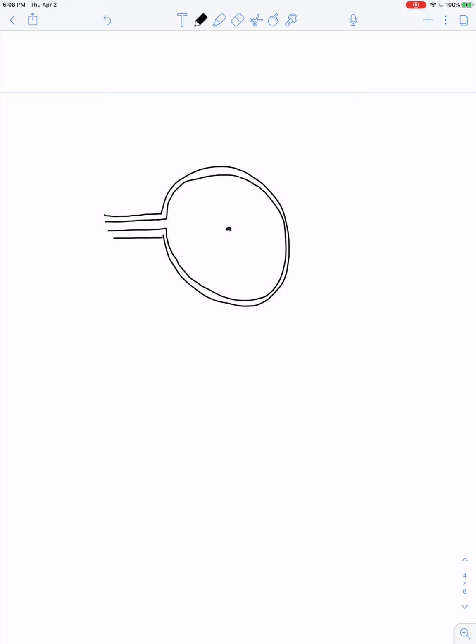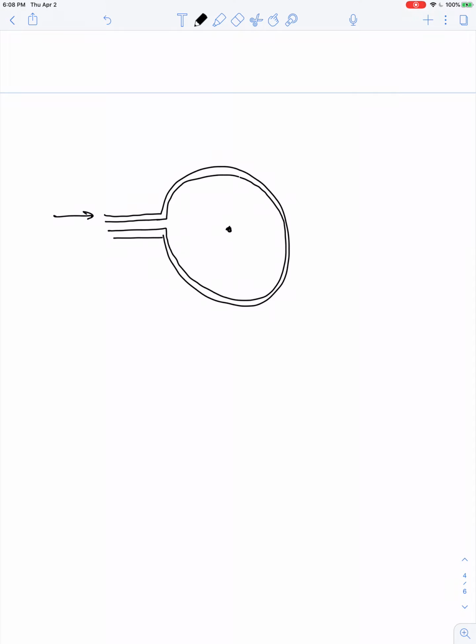Okay, so let's draw that loop of wire one more time. Well, I didn't make it terribly symmetrical, but you get the idea. Let's see.